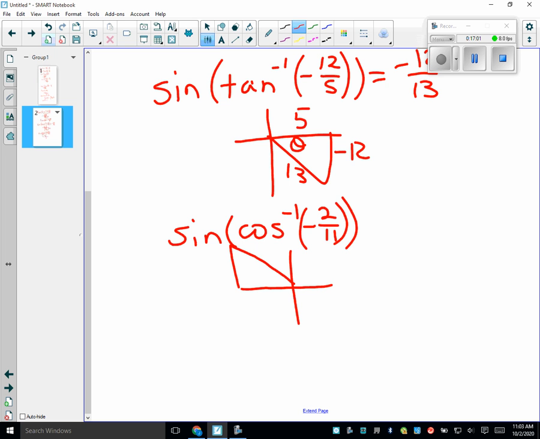One for positive, 2 for negative. So would you agree this is negative 2, this is 11? Yes. What's my, find the answer.